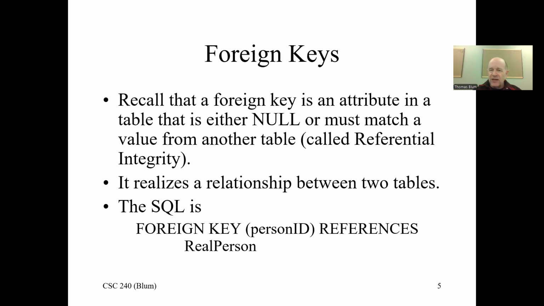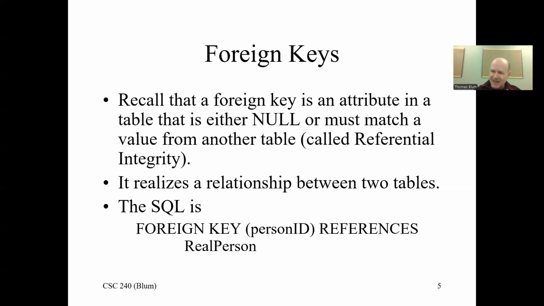Again, the foreign key could be null, to say that the entity is not known to be participating in this relationship, but if it does have a value, it must match a primary key from another table. And this is known as referential integrity.